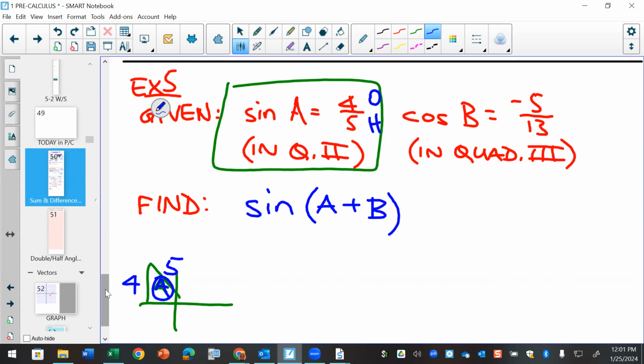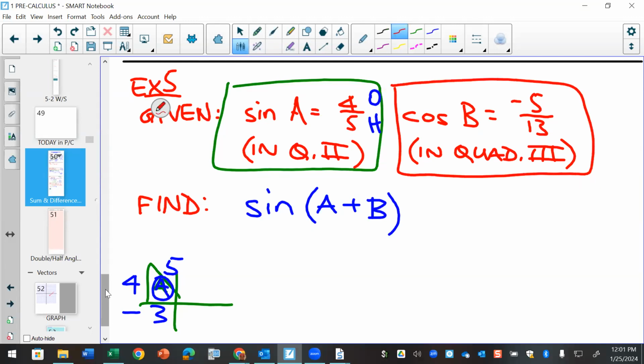Negative. Nice. I said quadrant 2. Not the first time you've heard this, but the negative's kind of the whole problem. You forget the negative, we're cooked. Okay, how about, I still don't know much, but I know I could draw a triangle for B in which quadrant? 3.